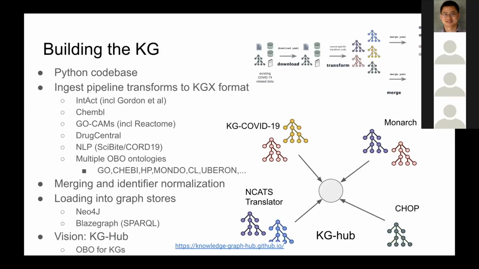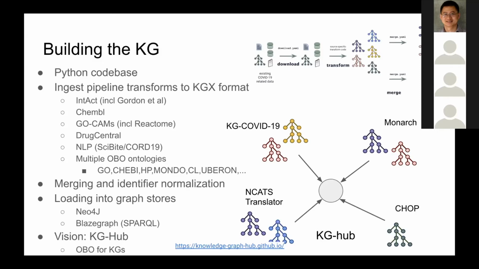We developed a framework for building the knowledge graph. It's in Python. We're taking a number of different molecular sources for this, including pathways. We have a formalism called GO-CAMs for representing pathways using the Gene Ontology framework. We've got conversions from Reactome, bringing in IntAct interaction data, including the Gordon et al. paper that was mentioned in the previous talk.